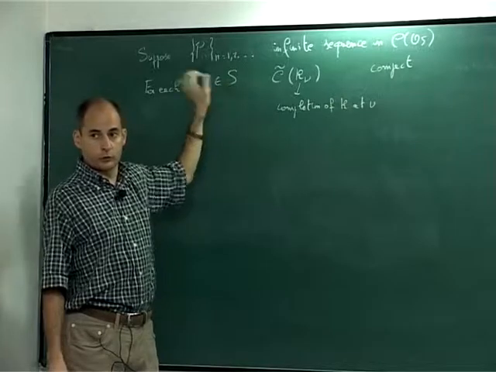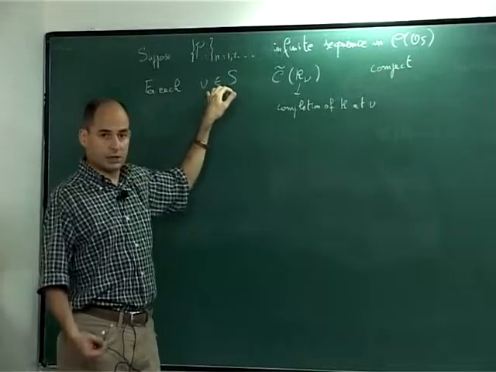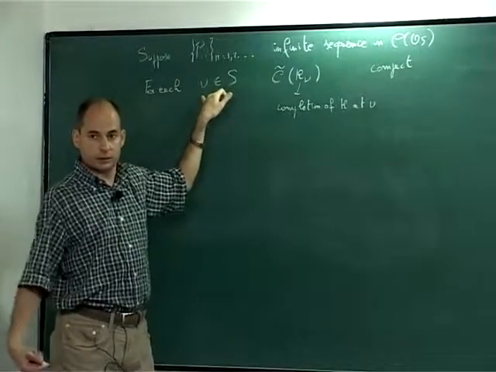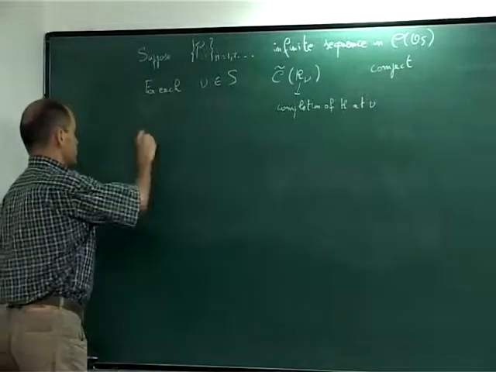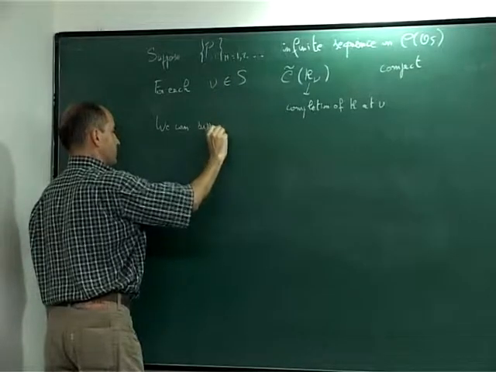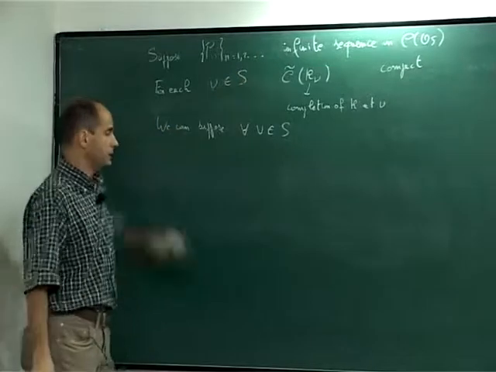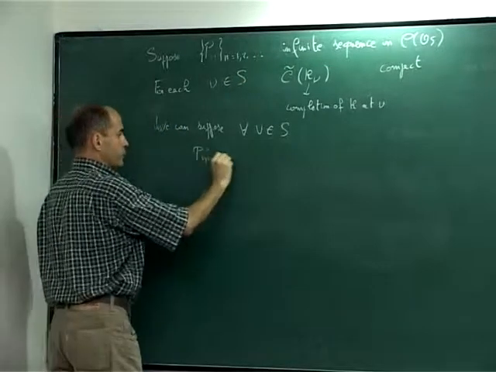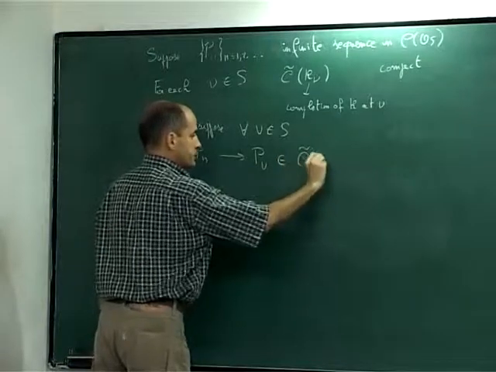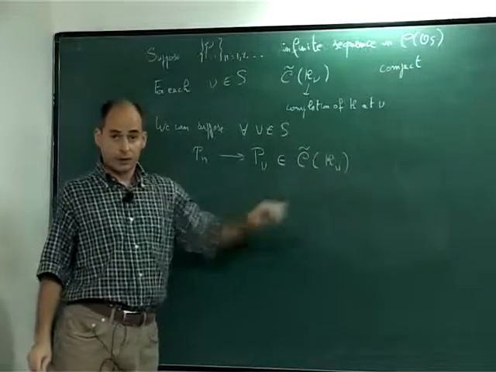So for the first nu we extract an infinite subsequence, then we consider this subsequence for the second nu, and if it does not converge we extract again, and so finally we can suppose that for every nu, since this set S is finite, the P_n converges to a certain point P_nu of the complete curve over the complete field.